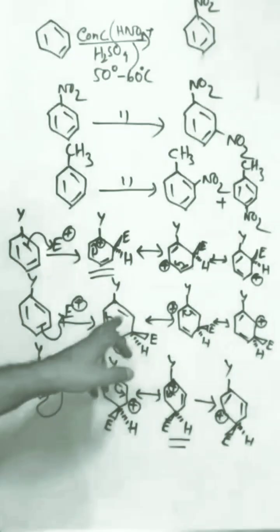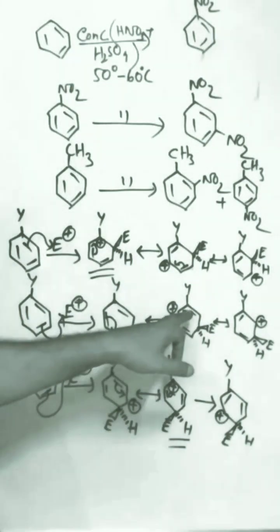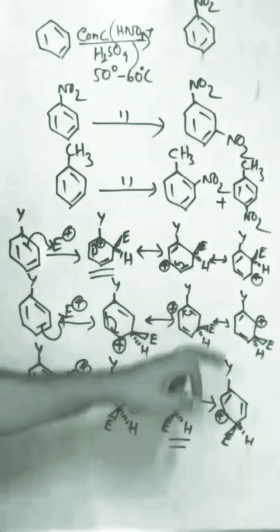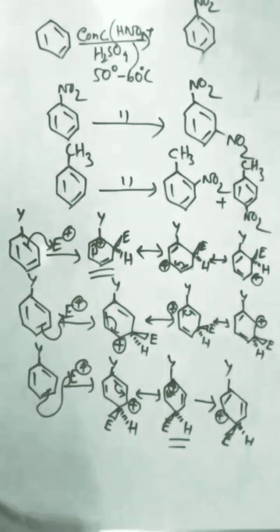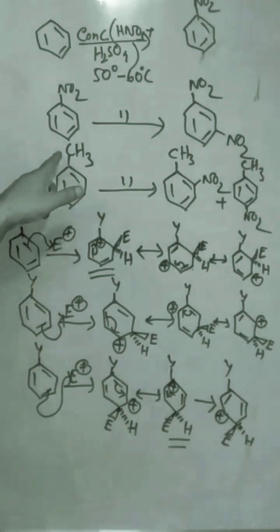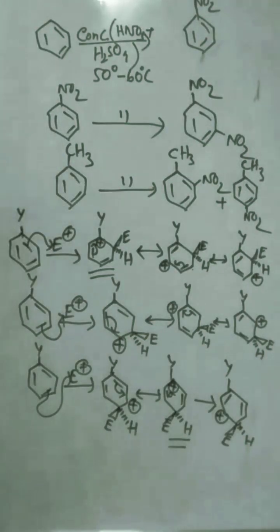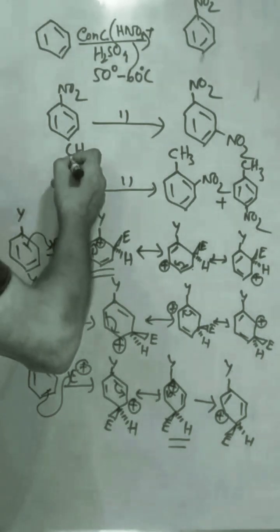In meta position no such stabilizing factor is present. That's why, if Y has plus I inductive effect, as in toluene, the CH3 group has plus I inductive effect, we know.